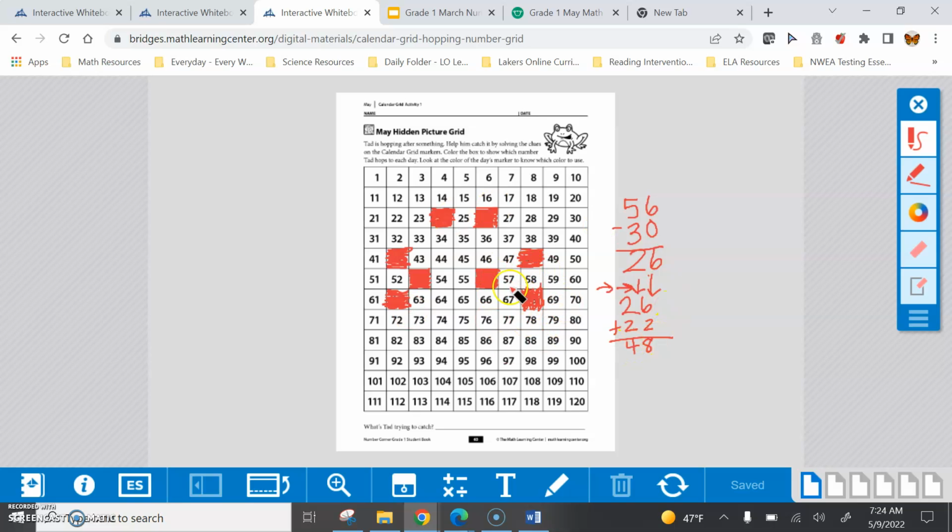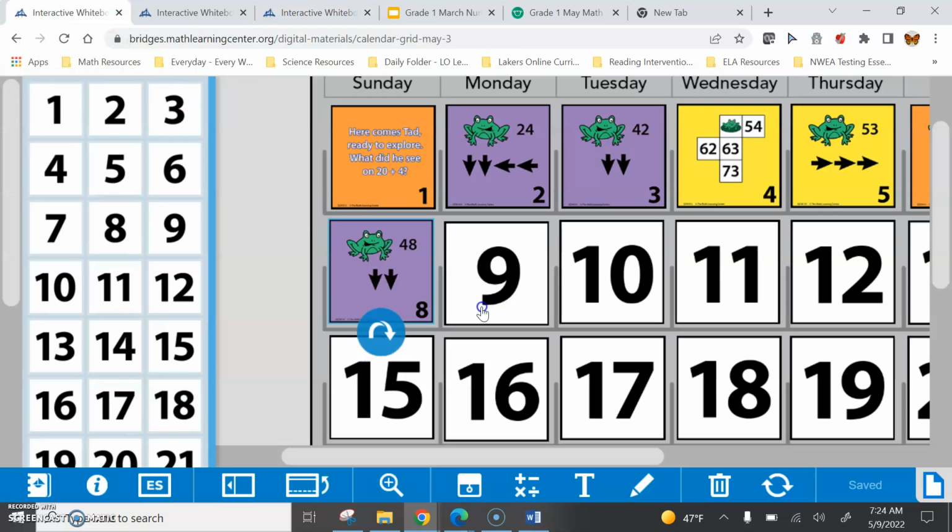So we just colored in the number 68, but we have not taken care of today's card. So I'm going to go back to the calendar to find out what Tad is going to be on next. So he moved from 48. He went down 2 to the number 68. And now we're moving more.